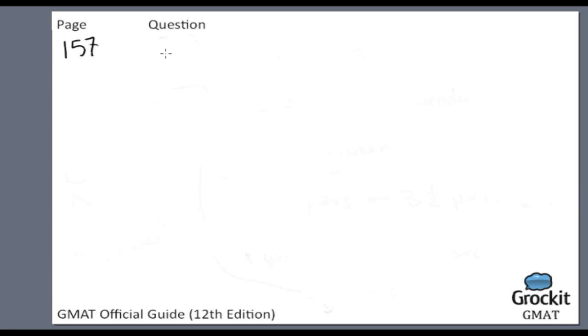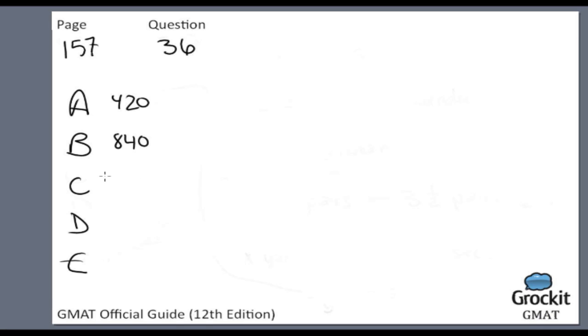Okay, on to number 36 in the second column. So what's the lowest positive integer that is divisible by each of the integers 1 through 7 inclusive?